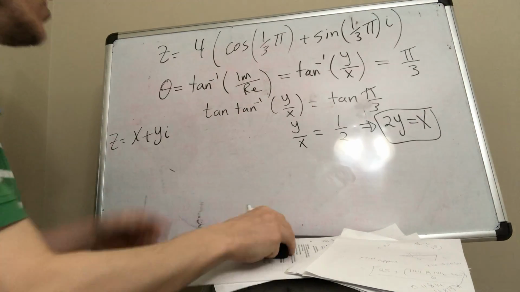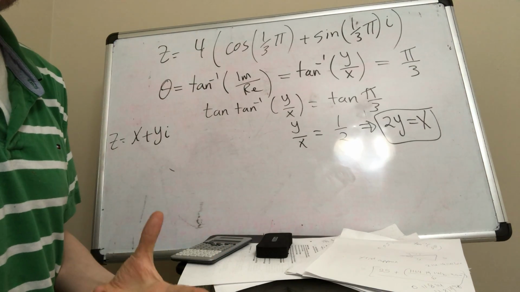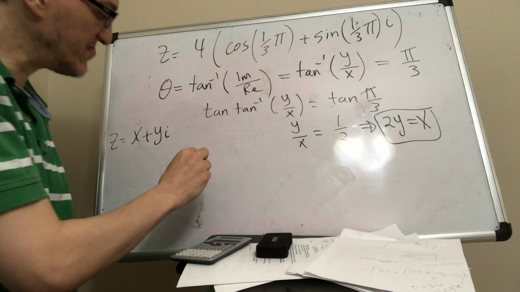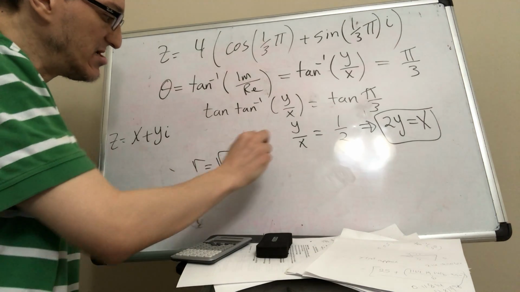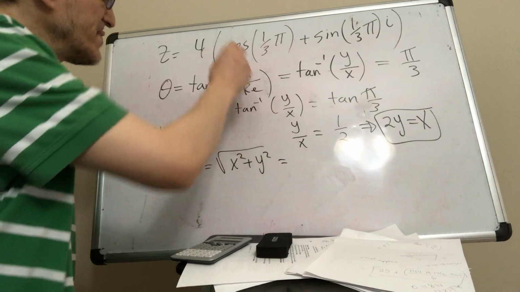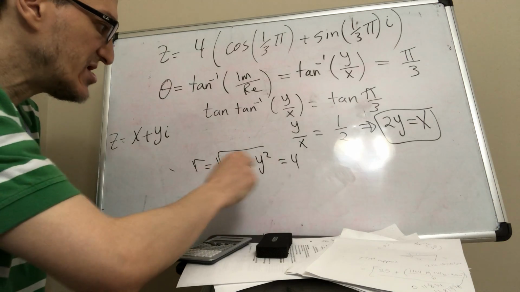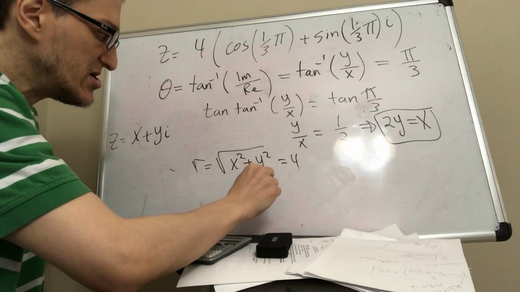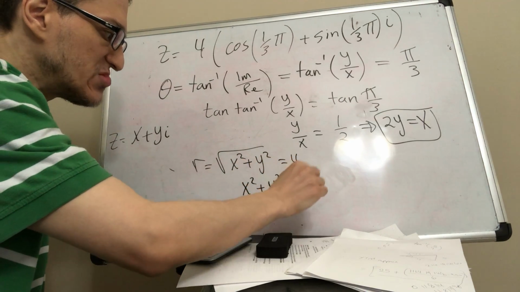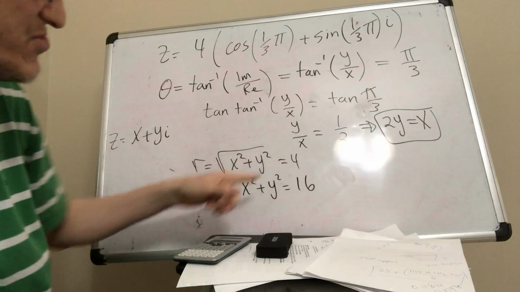Okay. We also have that the value of the magnitude is r. And if you remember, r was the square root of real squared plus imaginary squared, and according to this, it's 4. You square both sides, so you get x squared plus y squared equals 16. Now instead of x, I put 2y.